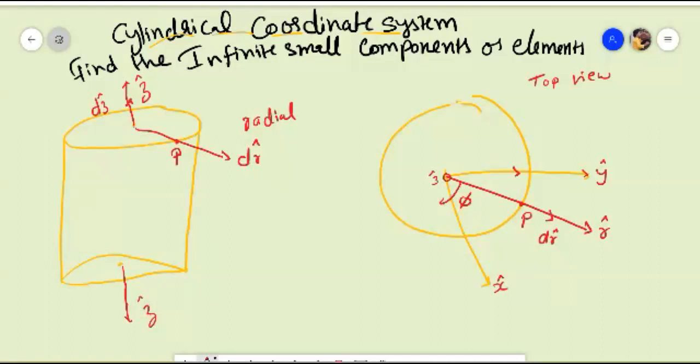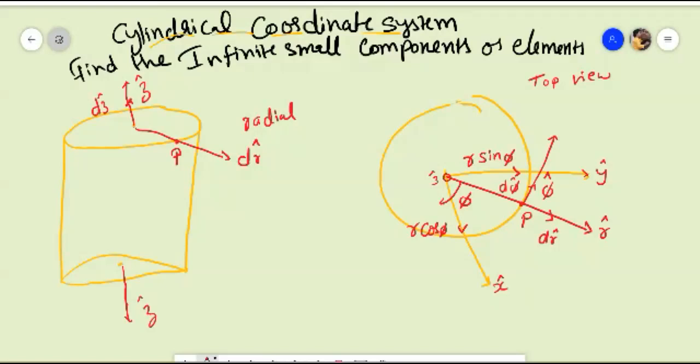The component along the y direction will be r sine phi, and the component along the x direction will be r cos phi. Then if we make a tangent along the circle perpendicular to the r direction, we have the phi cap. This is our phi cap, and the small portion is called d phi cap.